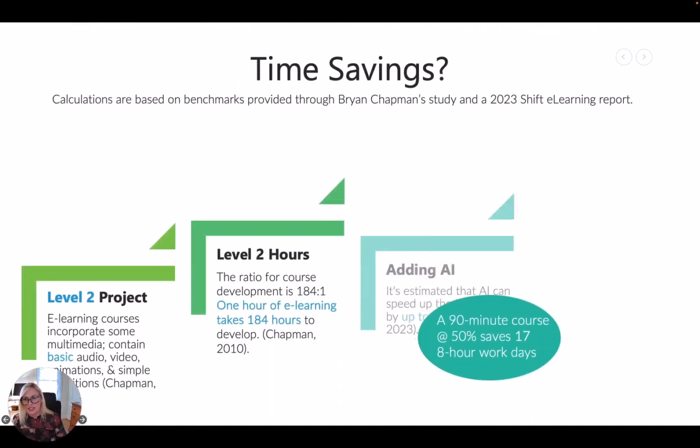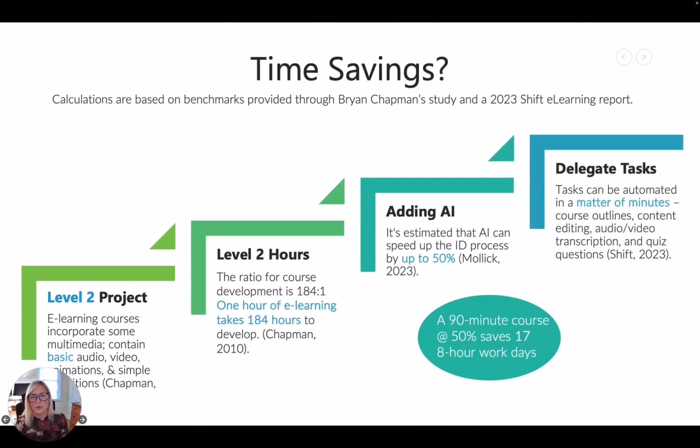And so let's look at the time savings. If you're familiar with Brian Chapman's study back in 2010, he came up with 4 different levels to classify e-learning projects. 1 is the most basic and 4 is the highest and most complicated. So for a level 2 project, that's a little bit higher than your most basic course.